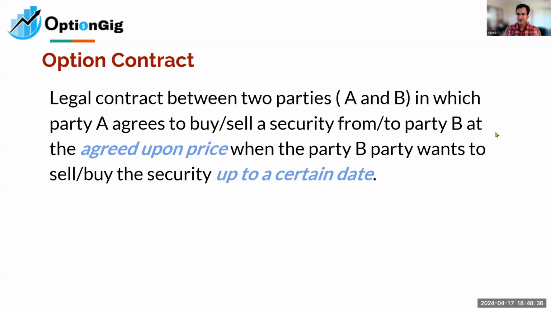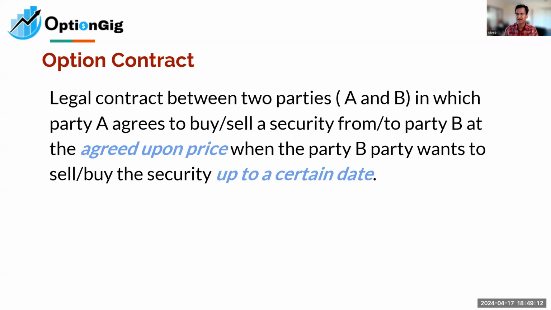So what's an option contract? It's just a legal contract, right? It's a legal contract between two parties in which one party agrees to either buy or sell a security to another at a fixed price. So you and I already agree on a price, and that price will be valid up to a certain amount of time. That's all. We do this contract on your brokerage platform.